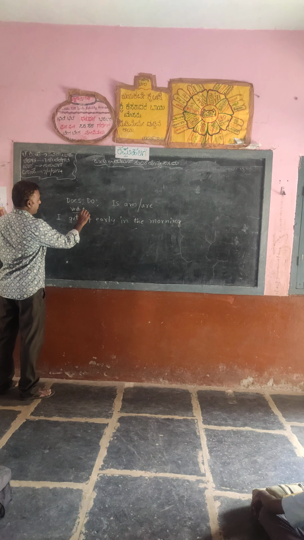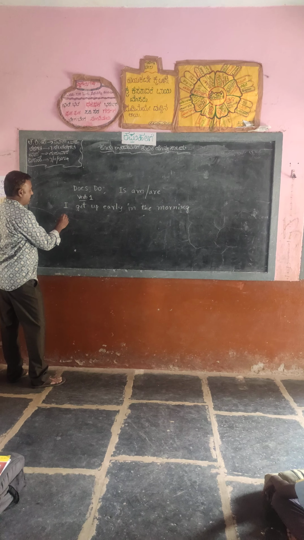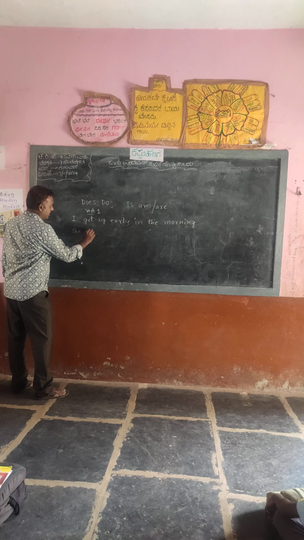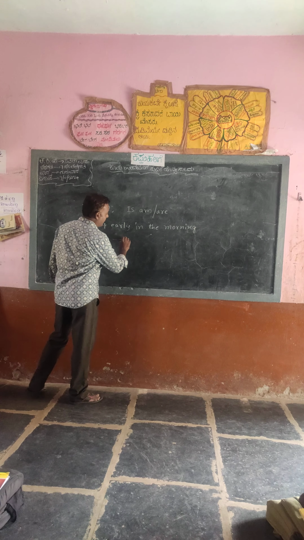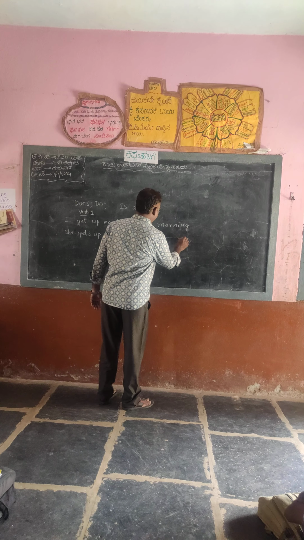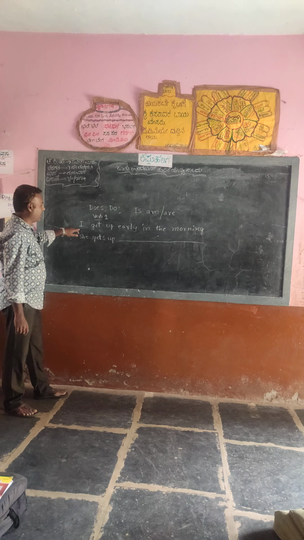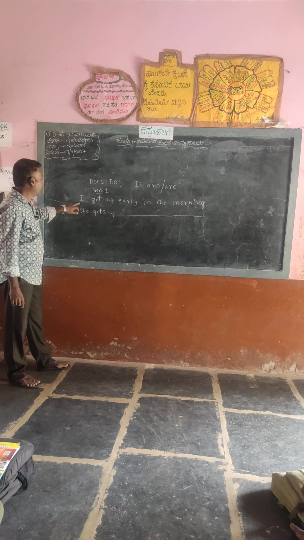For the plural subject we use verb 1, and for the singular subject, example, she gets up. She gets up early in the morning. You can see the difference in two sentences. Here subject is plural. We call I, actually I is single person, one person.